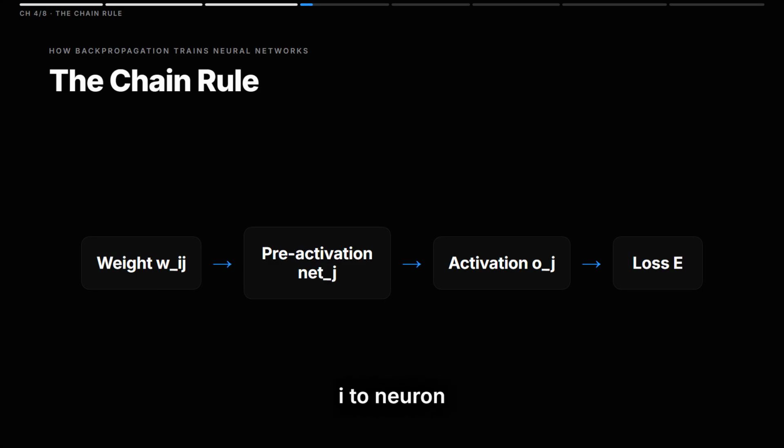Consider a weight connecting neuron I to neuron J. The loss depends on the output of neuron J. The output of neuron J depends on its pre-activation sum, the weighted sum of inputs before the activation function fires. And that pre-activation sum depends directly on the weight in question. The chain rule says, multiply those three partial derivatives together.